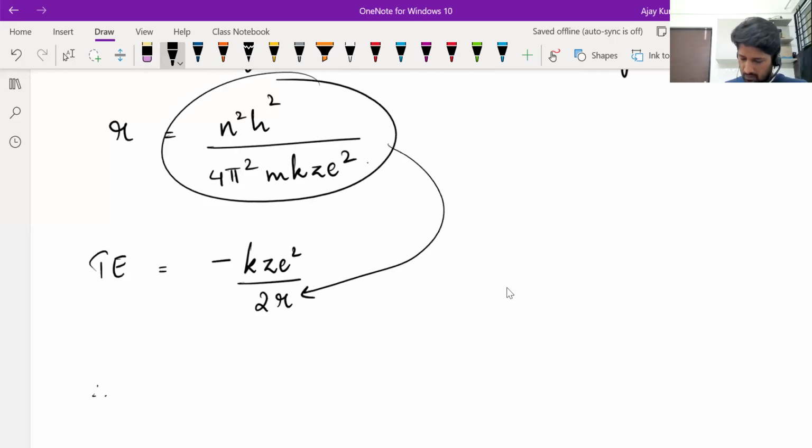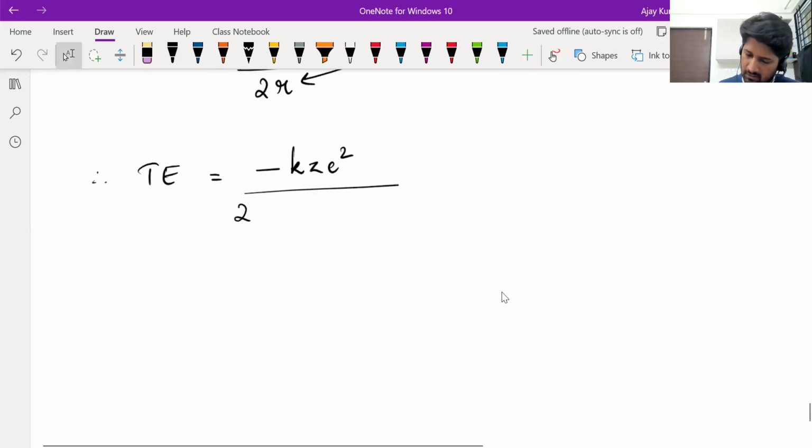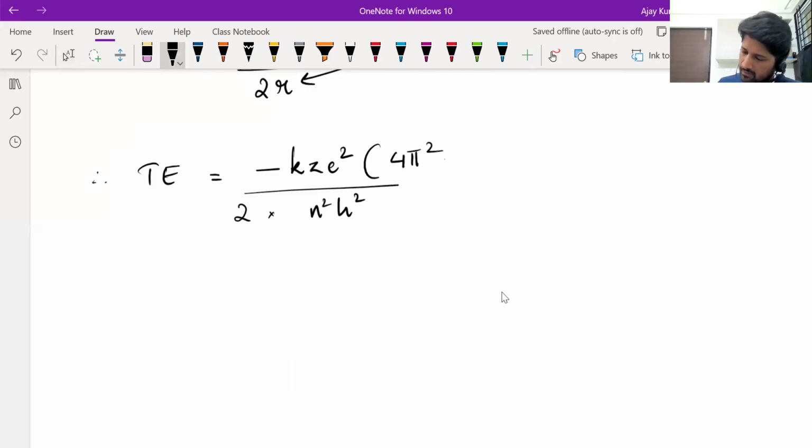Therefore, total energy of the electron, the sum of kinetic and potential energy, becomes minus kz e square divided by 2 times that radius expression, n square h square divided by everything. I'll send it to the numerator, 4 pi square mkz e square.